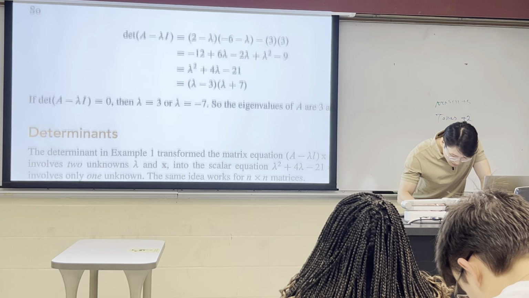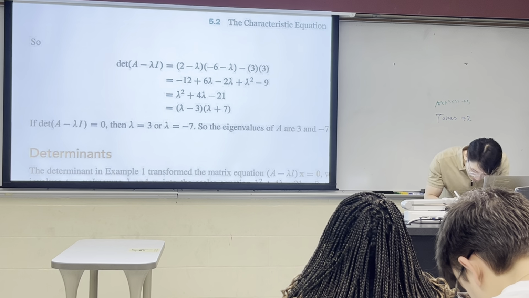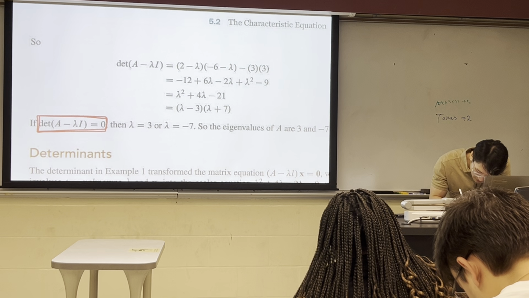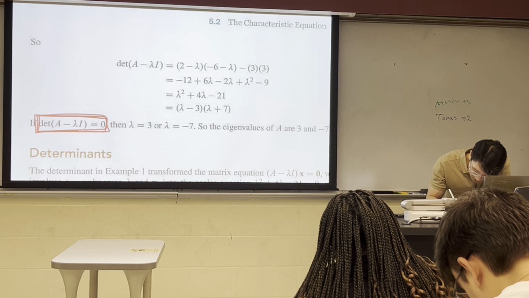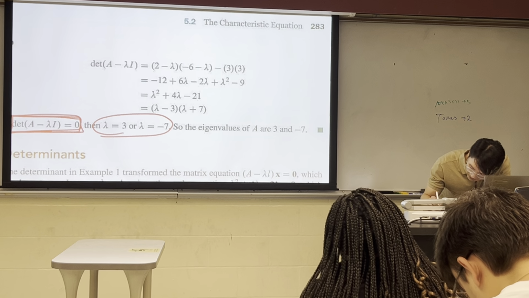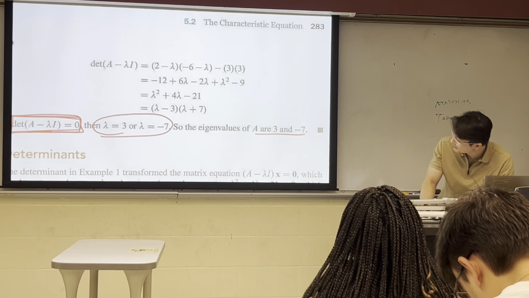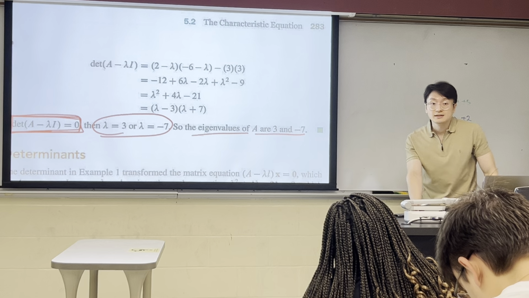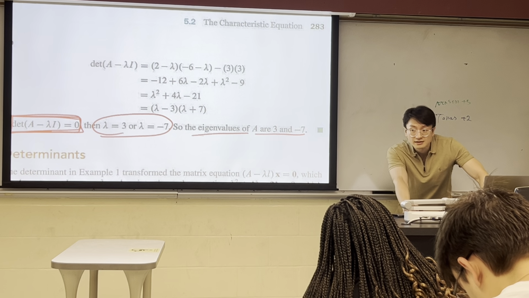Therefore, if the determinant of A minus lambda I is 0, then this should be the eigenvalue of A. Okay? Makes sense?